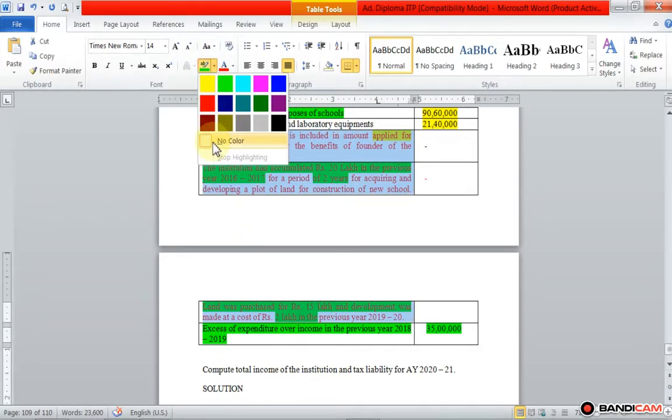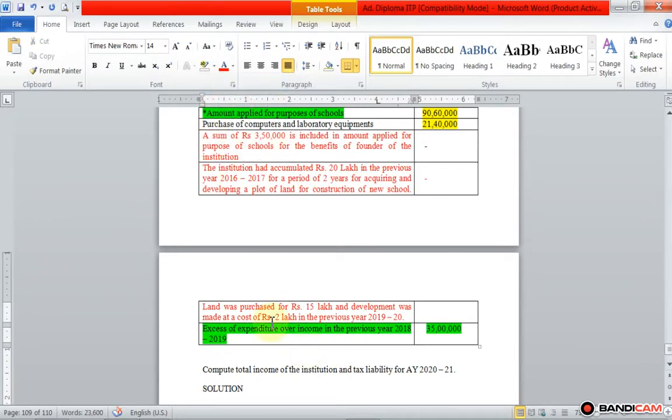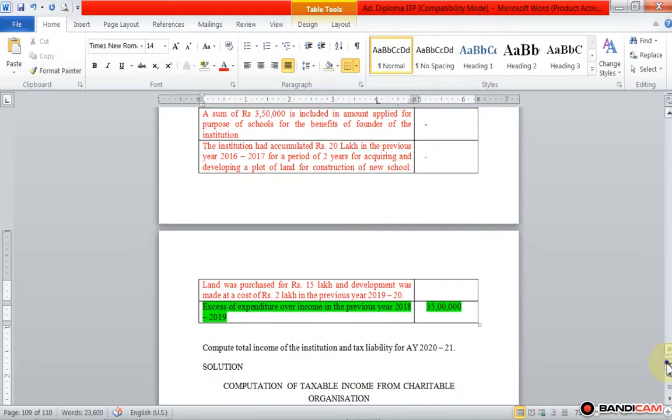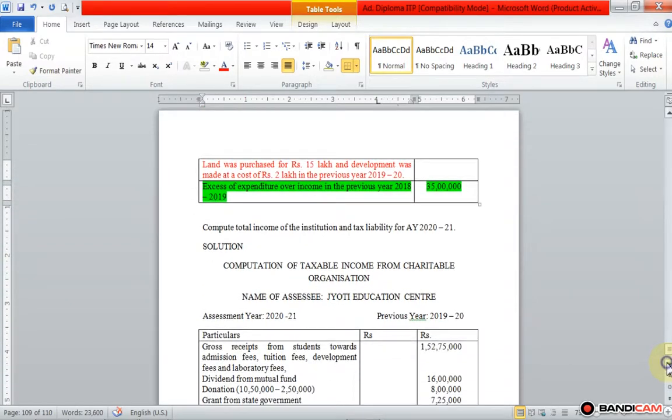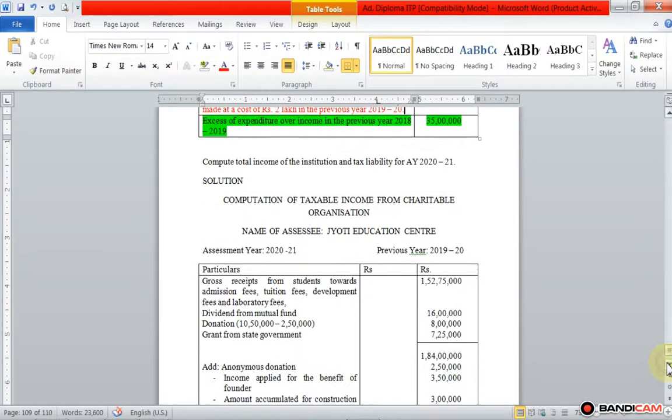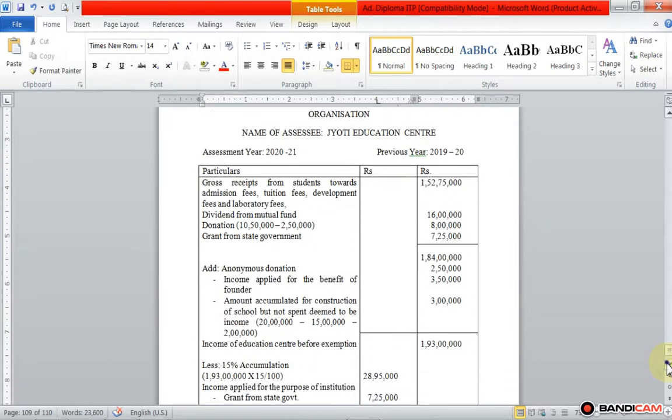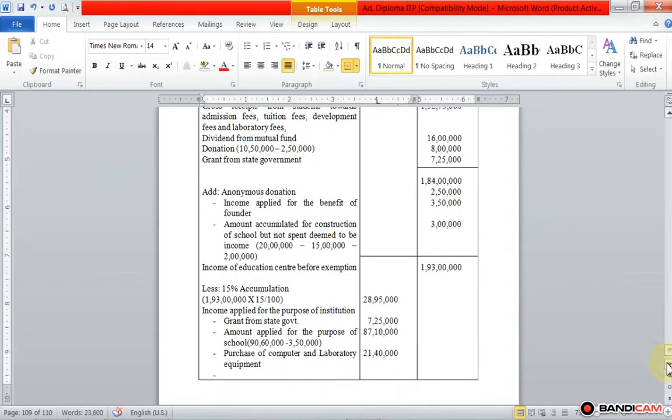information of loss, that is excess of expenditure over income in the previous year. It means in the previous year the Jyoti Education Center has incurred a loss, and that loss is deducted from the income of the institution.